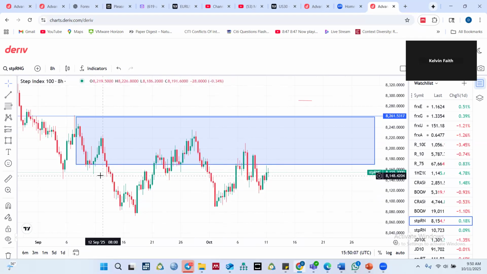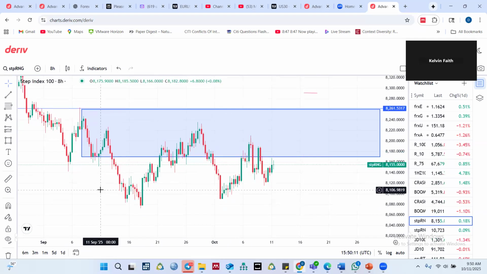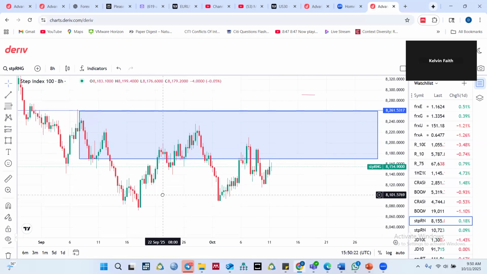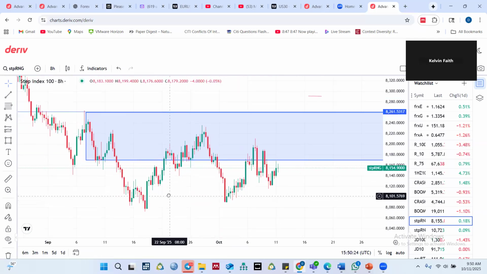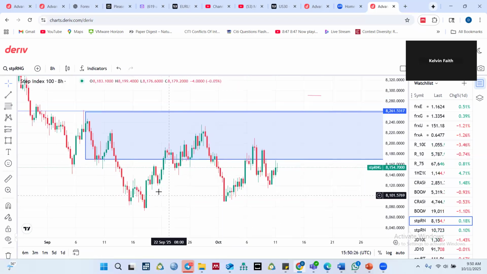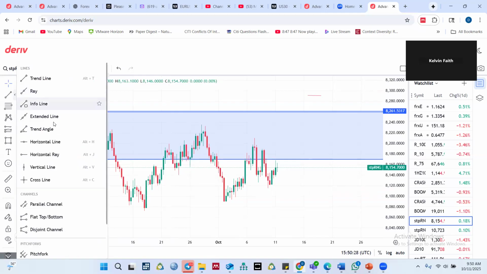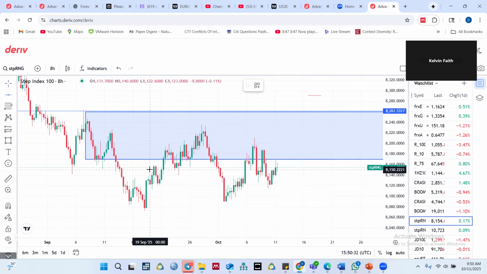So let's mark our precision support and resistance. I have said that where price has been used as both support and resistance, or where price impulsively takes off from, that is the place we can view as precision support. So where can we find that right now?